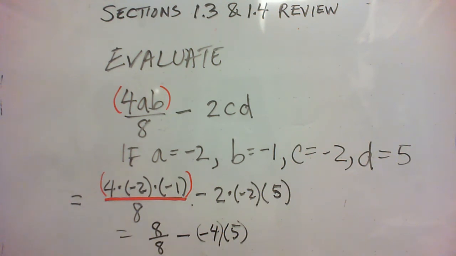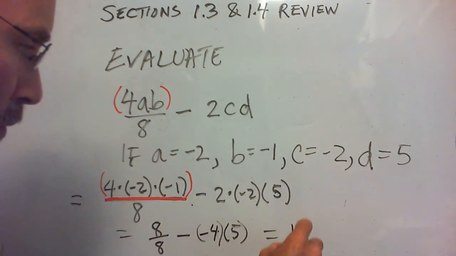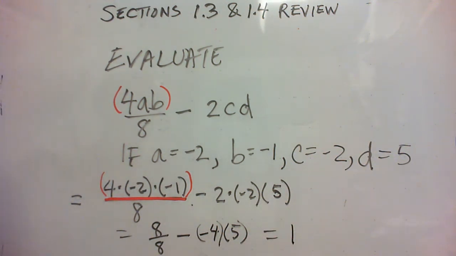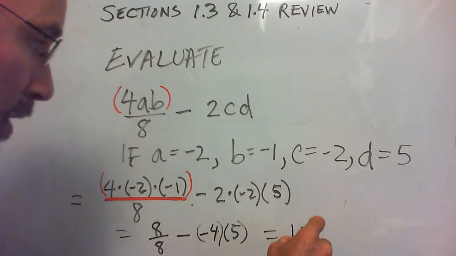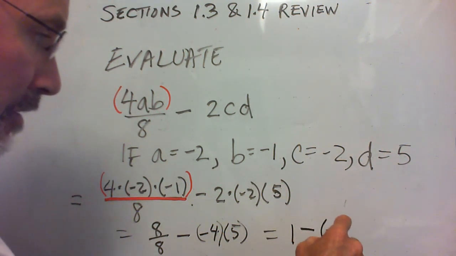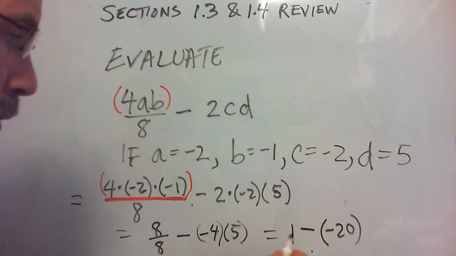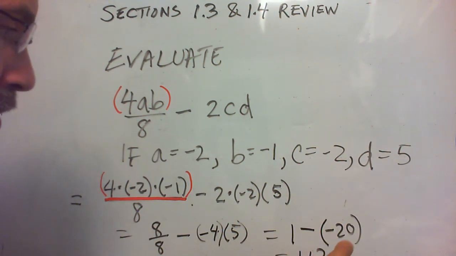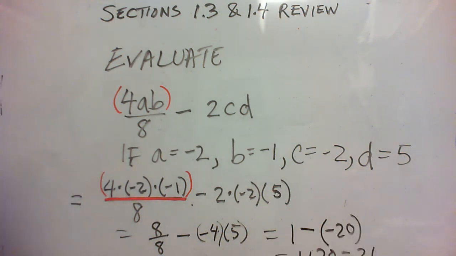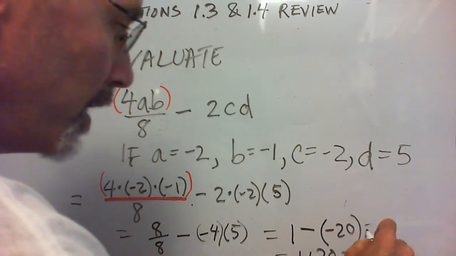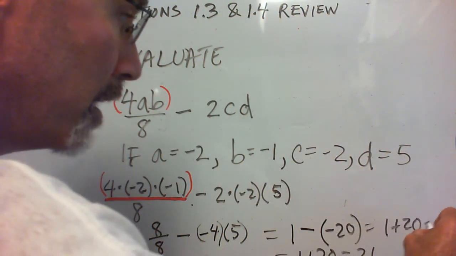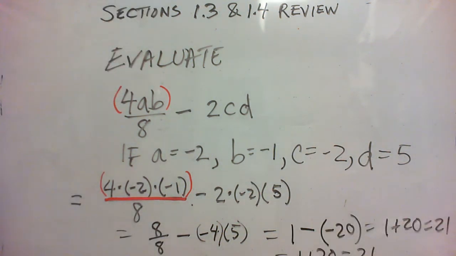Let's do these from left to right. 8 over 8 is 8 divided by 8 is 1. Negative 4 times 5 is negative 20. So we end up with 1 plus 20, which is 21. And I'll put this up here so you can see it.